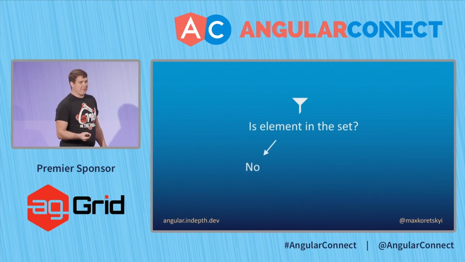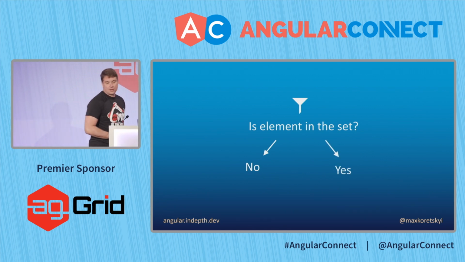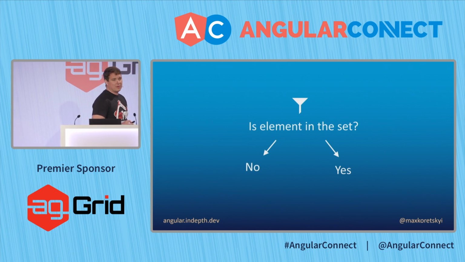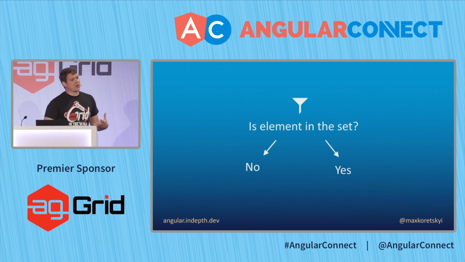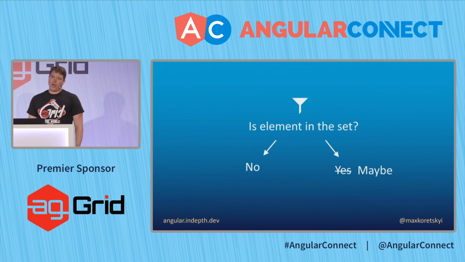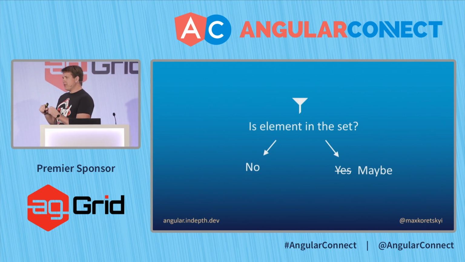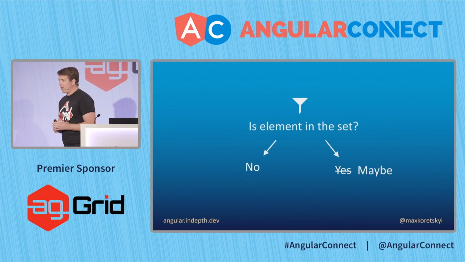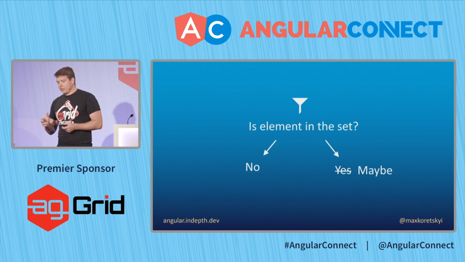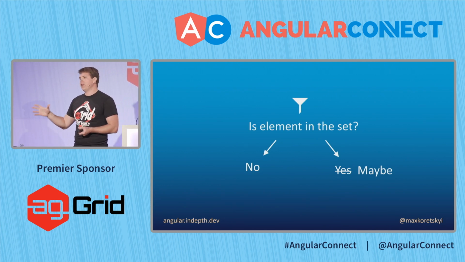And naturally, you can have two answers: no, right? Okay, element is not in the set, and yes. But it's tricky, because probabilistic data structures do not give you the answer yes. The answer is maybe. That's why they are called probabilistic. And you can do some tuning. You can actually define this probability of answer yes.